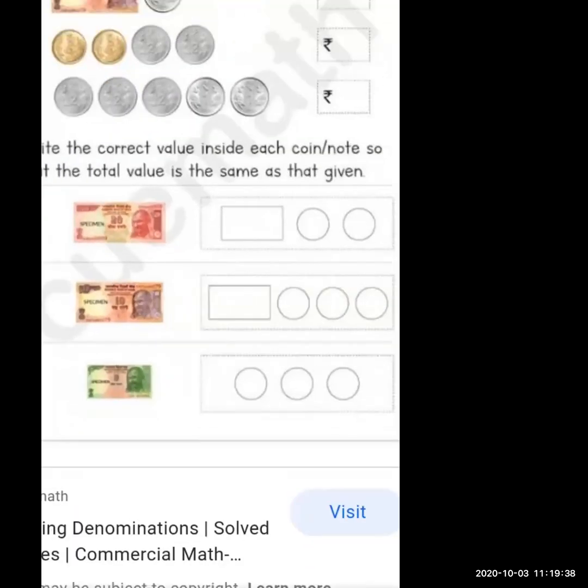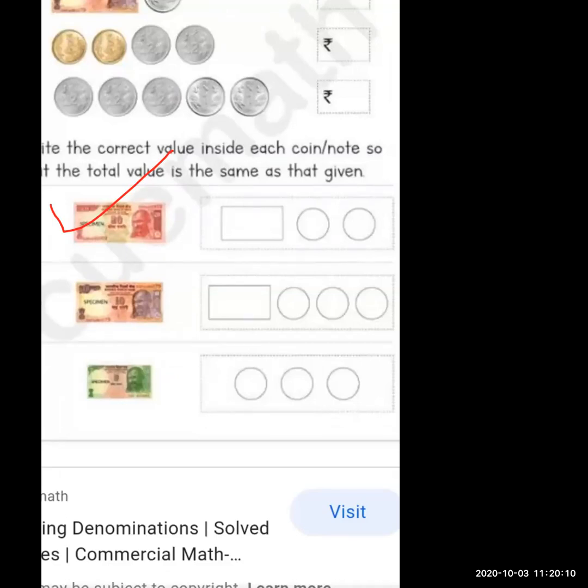Now students, I am going to zoom the screen. Okay? Watch it properly. Here 20 rupees is given to you. You want to divide the 20 into 3 parts: 2 coins and 1 note. Okay? So tell me, how many rupees note will come there and how many rupees coins are there? 10 rupees note.